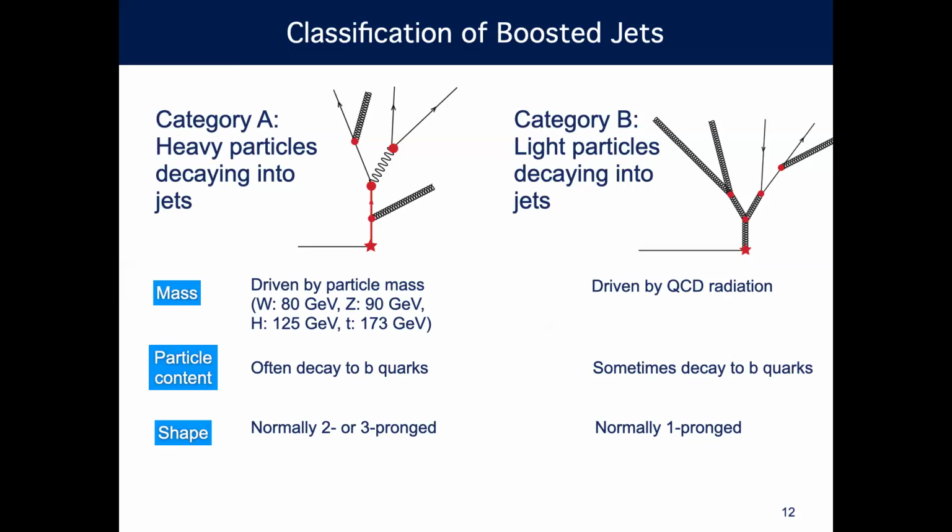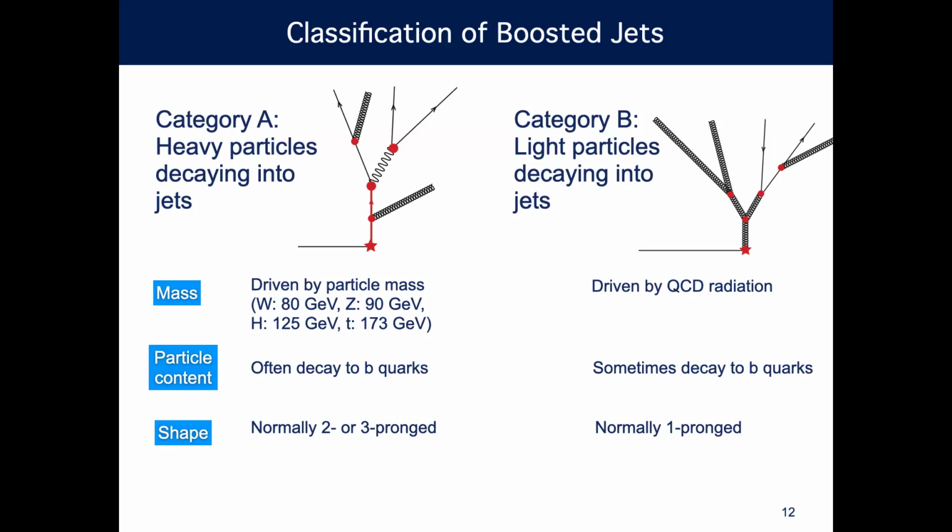So if we look at our picture, we have 2 categories. One is heavy particles decaying into jets, and the other is light particles decaying into jets, like quarks or gluons. If you look at the mass of something that's heavy and gets boosted, it's very different from the scale of QCD radiation. So the W's and Z's are 80, 90, or 125 for the Higgs, and the top is about 173 GeV.